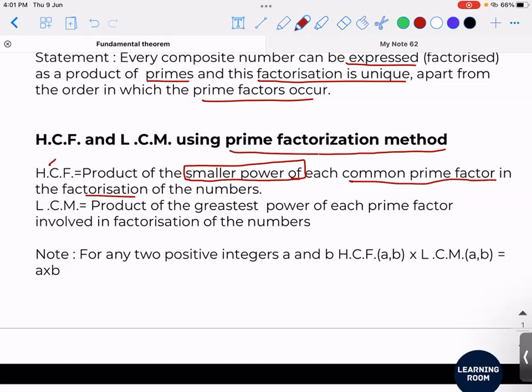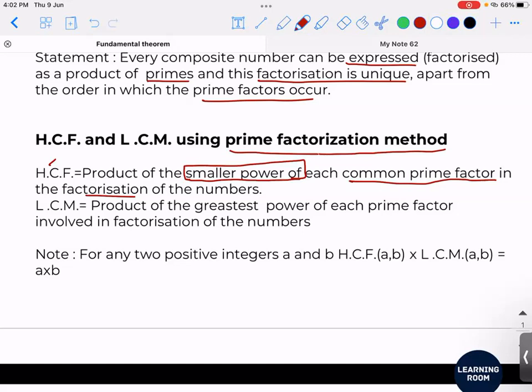So I want you guys to tell me the meaning of it. What are we trying to say? Product of smallest power of each. Underline that word each. Product of smallest power of each common prime factor in the factorization of the numbers. Think. Don't be in a hurry to tell me.